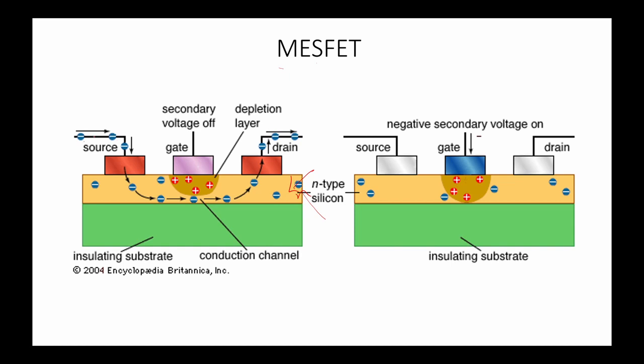Whenever we apply a voltage between source and drain, because of majority charge carriers there will be a flow of electrons. The majority charge carriers will flow when we apply a potential.